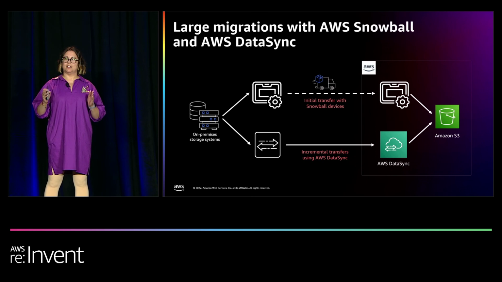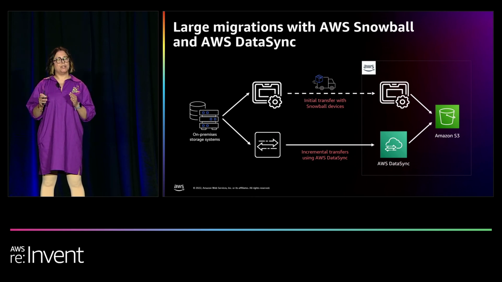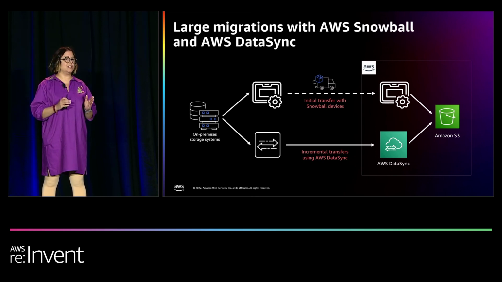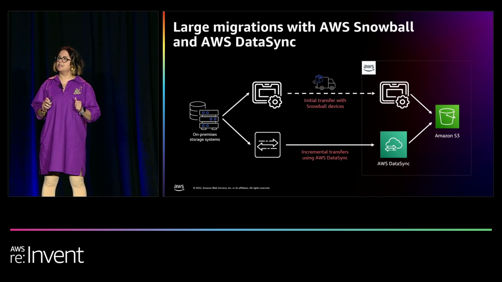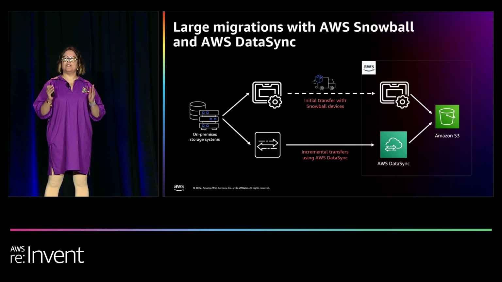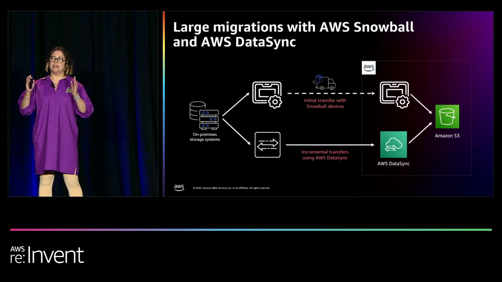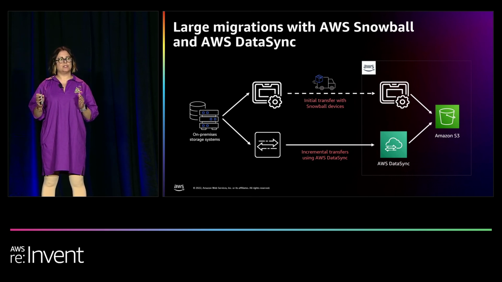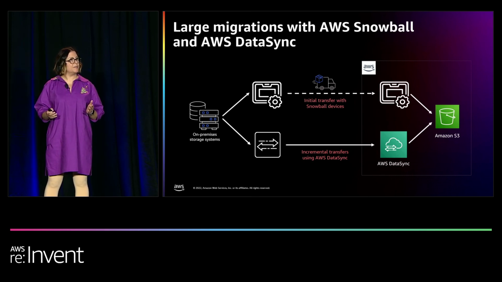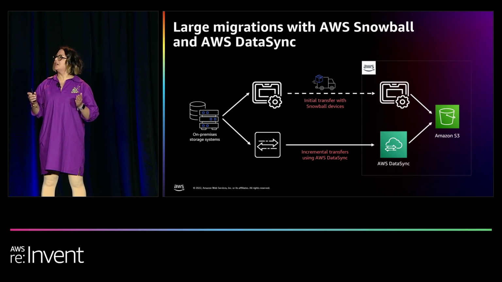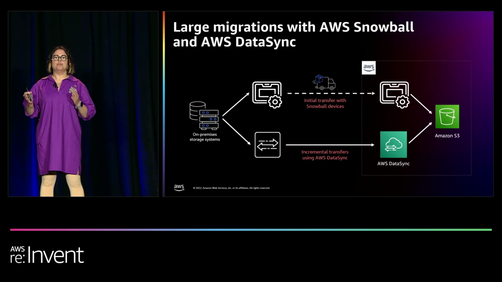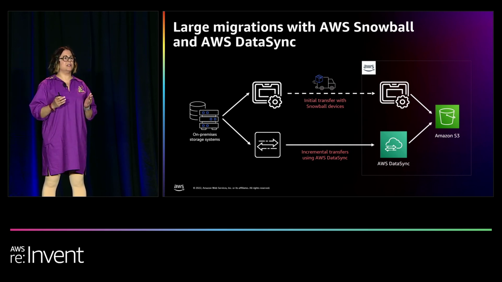And once the data is copied from the Snowball Edge devices into AWS, and once you verify that all the data is copied to your Amazon S3 bucket, you can leverage AWS DataSync to perform the incremental copy.